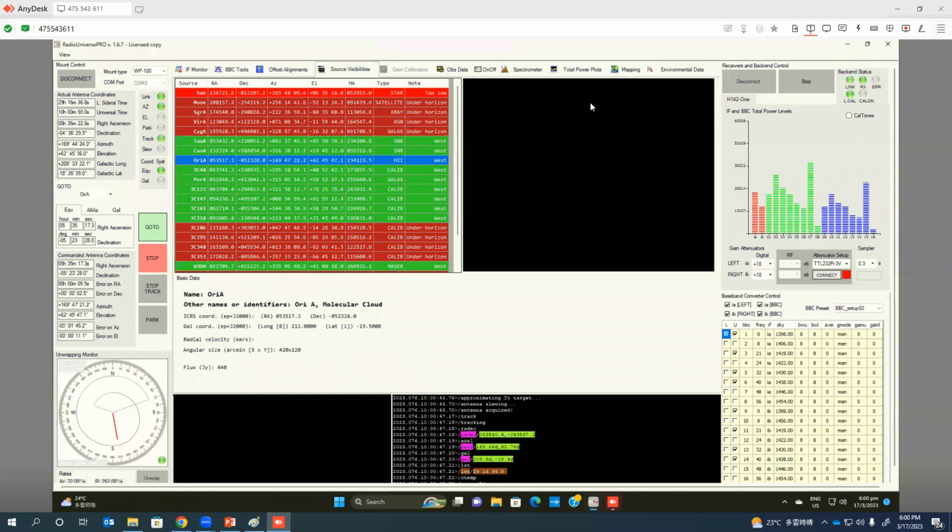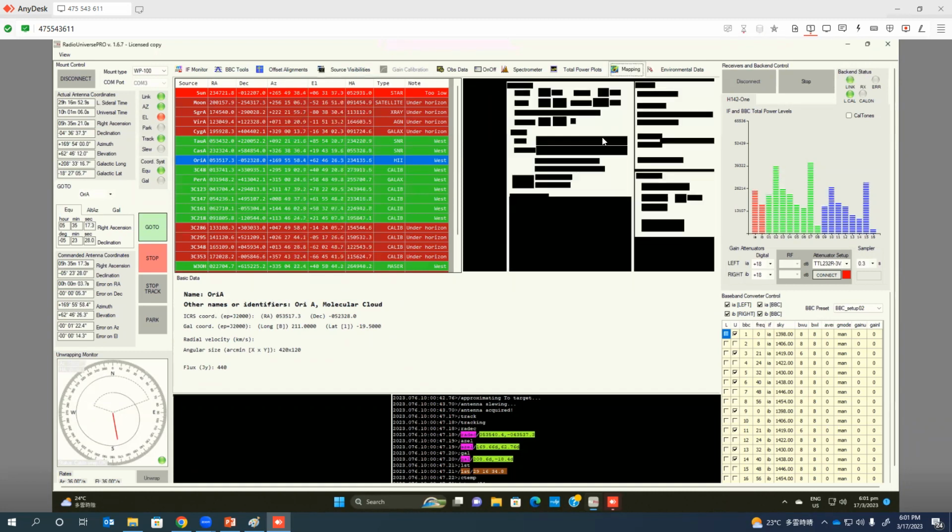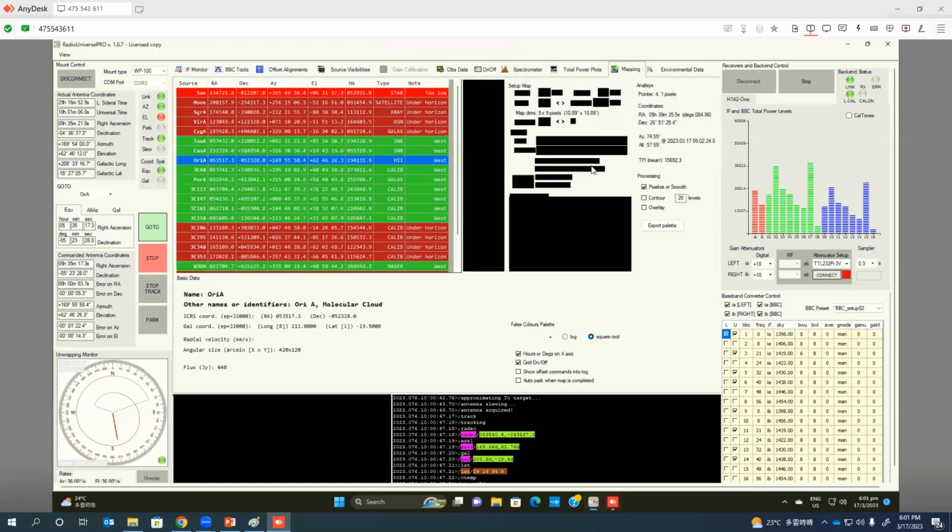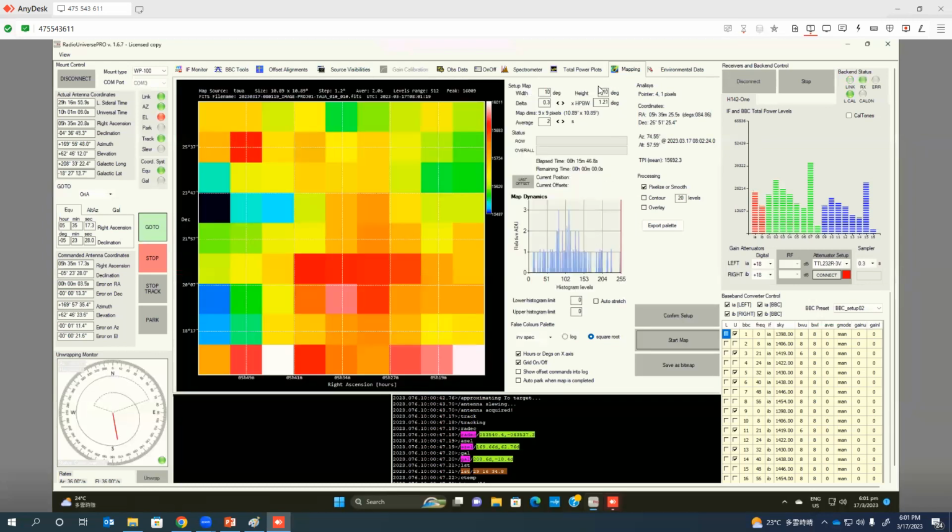We also have another interesting method, so-called OTF, on-the-fly observation mode. The response is very slow because of the connection.